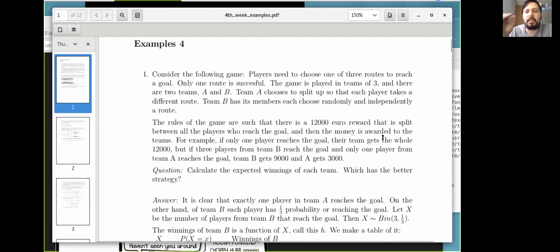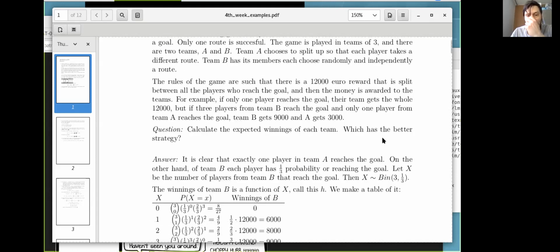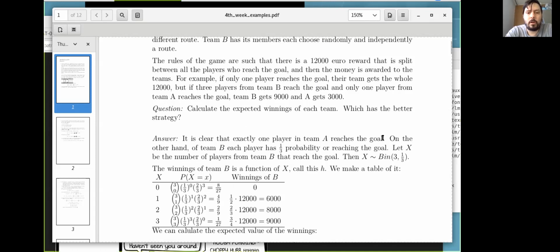So it's clear that exactly one player in team A reaches the goal. On the other hand, team B players each have 1/3 probability. So we have this binomial distribution, which I already explained, and we'll make a table out of this. So there's 0, 1, 2, or 3 players reaching from team B, and what is the probability and what are the winnings? So we calculate the probability.